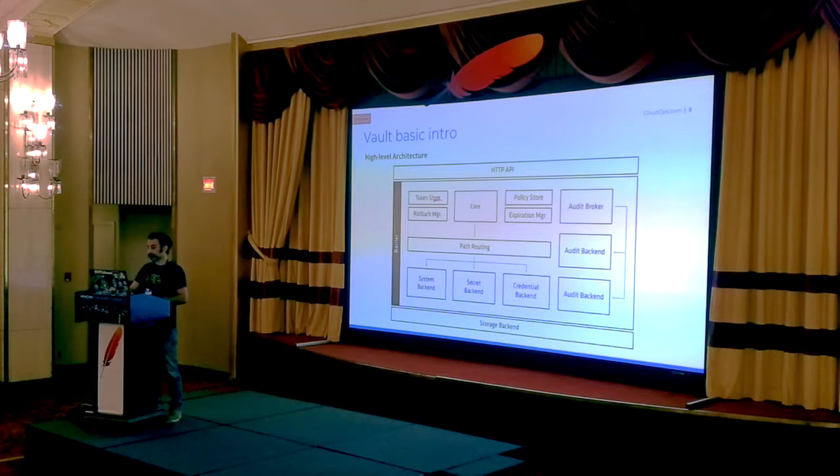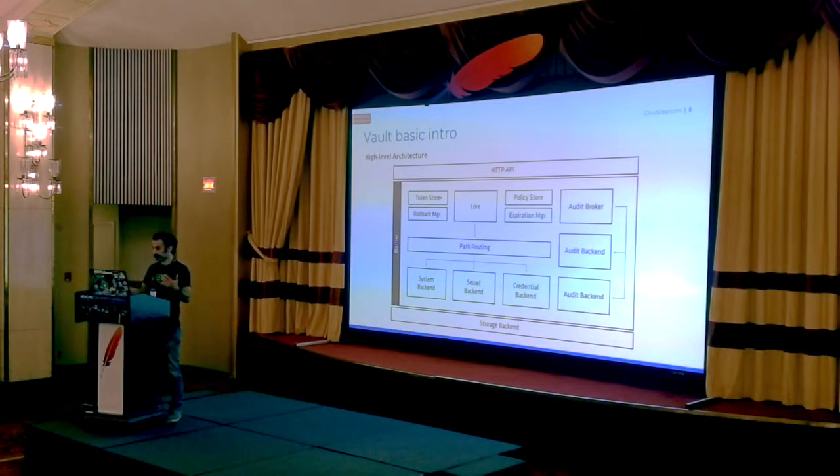There are a token store and a policy store, which I'm going to talk about a little bit later. The thing is, every communication with the Vault from a client standpoint, whether it's a CLI, a REST API call or whatever other mechanism, goes through token-based communication.